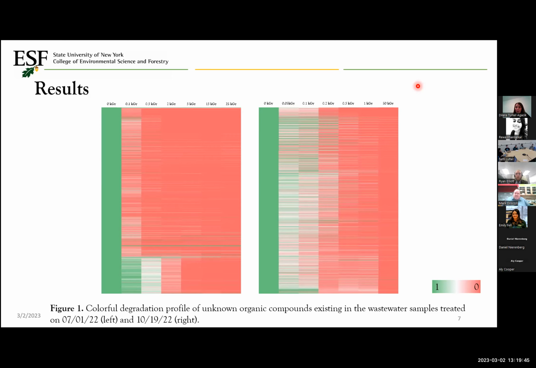Okay, so here this bar shows a transition from green to red color. The green color shows that the pollutant exists in the sample, as you can see in the first columns. And the red color shows that the amount of pollutant has decreased or it does not exist anymore in the wastewater.